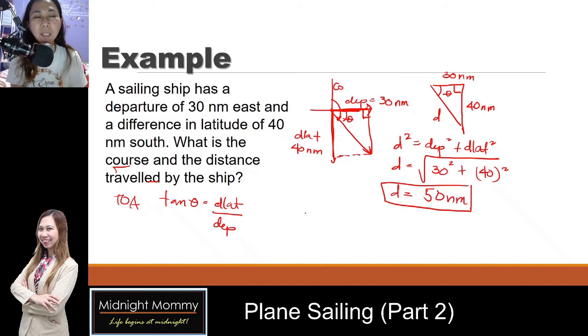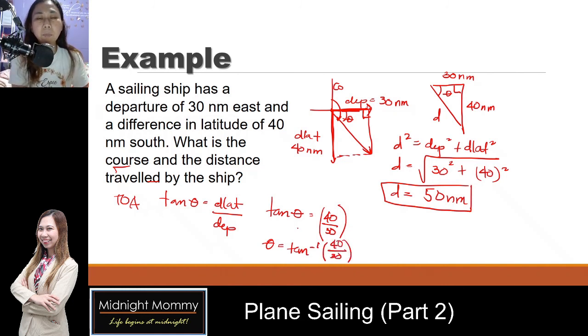Yan. So, kung ito ay i-substitute natin, so tangent theta is equal to, so ang d lat natin is 40 divided by 30, which is departure. So, therefore, yung ating angle is equal to the inverse tangent of 40 divided by 30. So, makukuha nating sagot dito is theta is equal to 53 degrees.